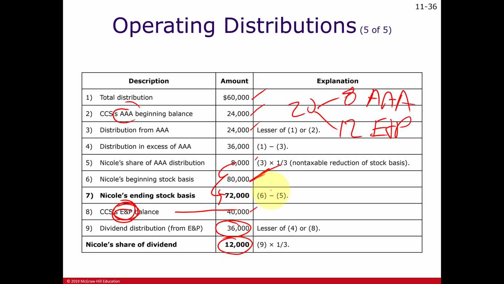Whatever you used up is going to be reducing the earnings and profits balance, and then the rest carries over to next year. And once that earnings and profits disappears, only then you start using the stock basis tax-free. And if you get more than the stock basis, the excess would be capital gain.